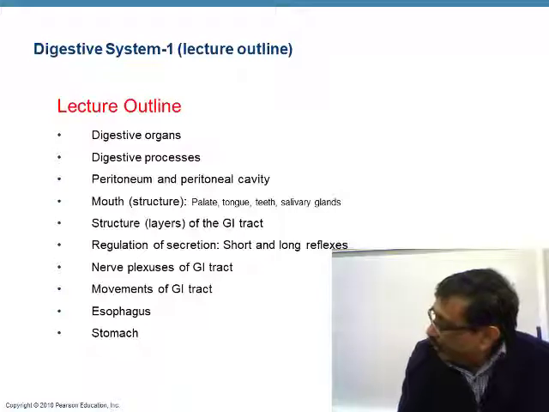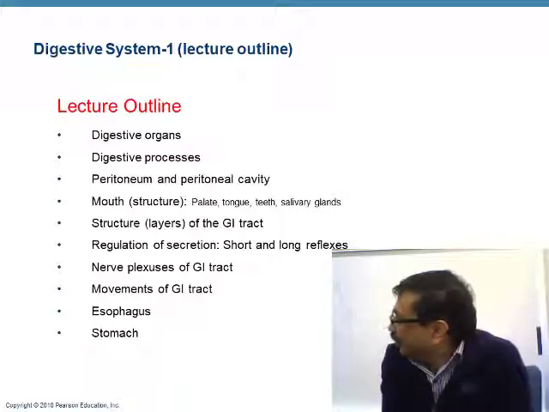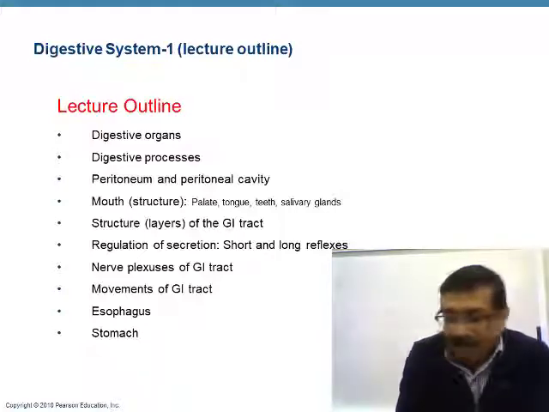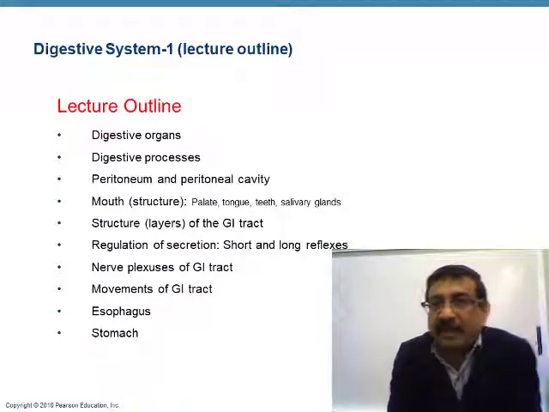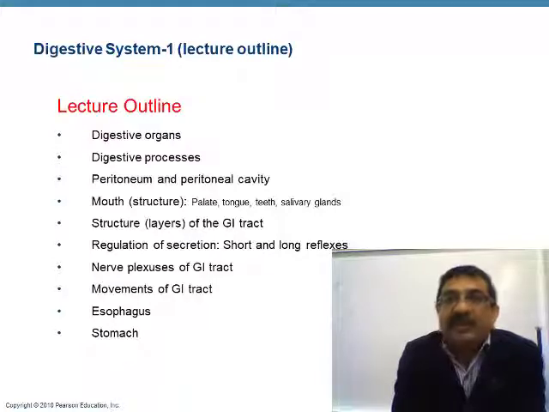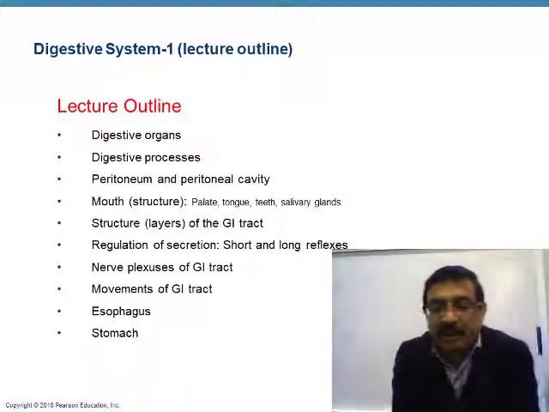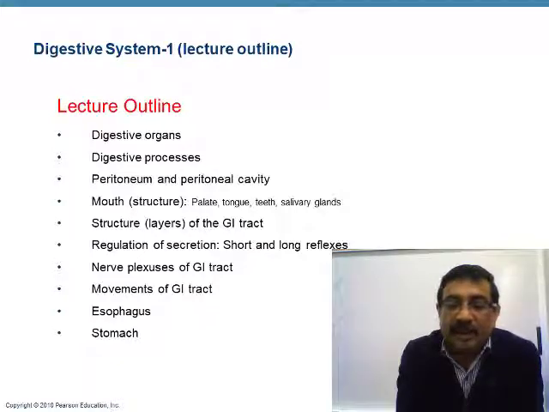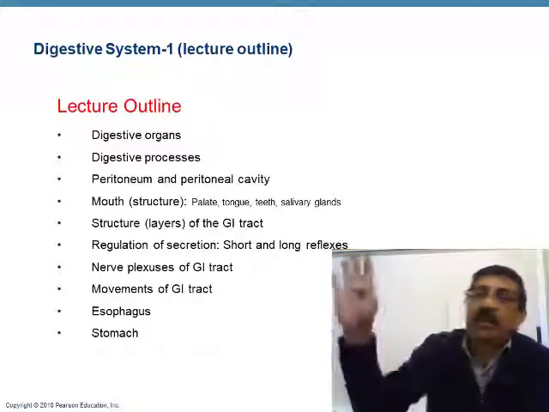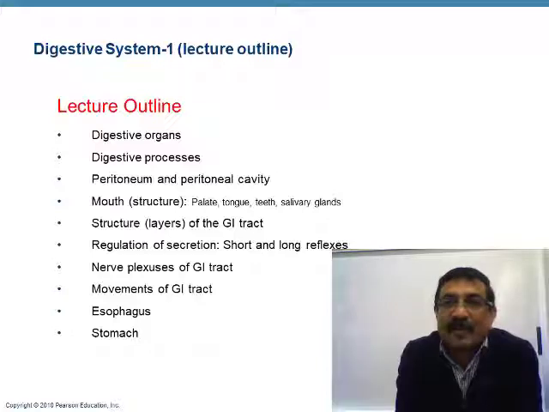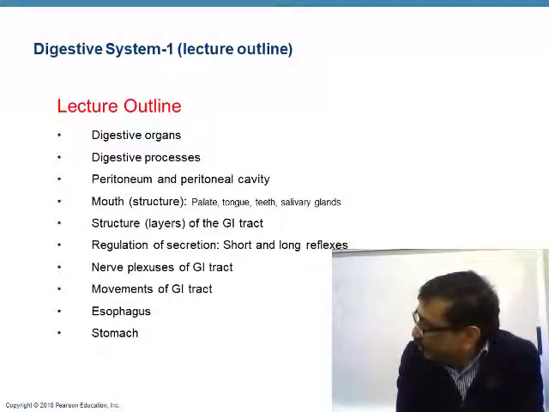Then we'll talk about the layers of the GI tract or gastrointestinal tract, which is a long tube, and if you cut the tube, in the wall of that tube, you'll see 4 layers. So we'll see what are those layers in the wall of GI tract.